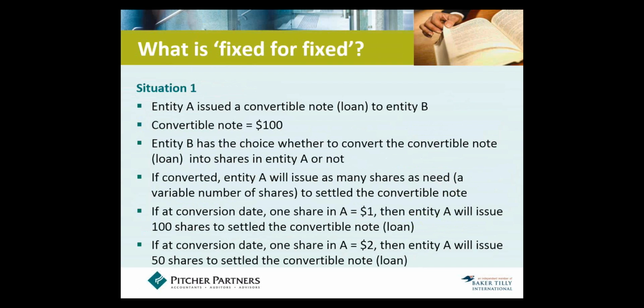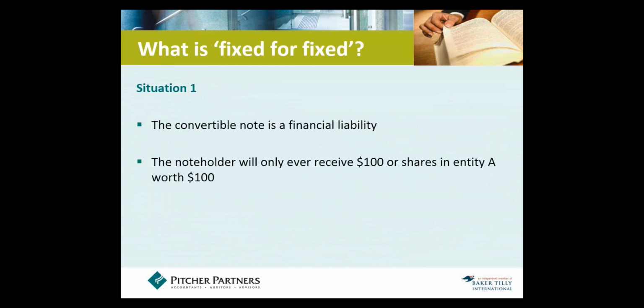So if you think of the situation, entity A will issue as many shares as needed to settle a debt of $100. If you look at entity B, they will either receive $100 or they'll receive shares in entity A that are worth $100.